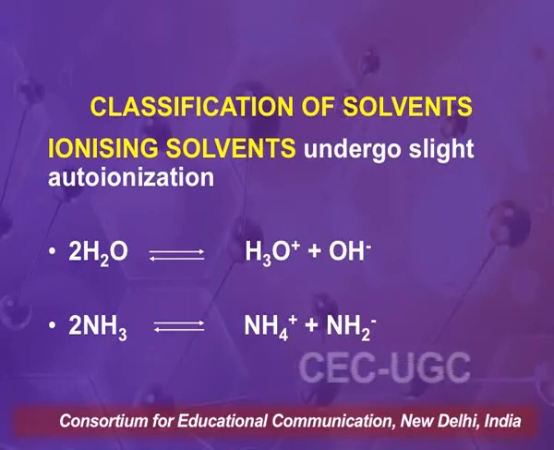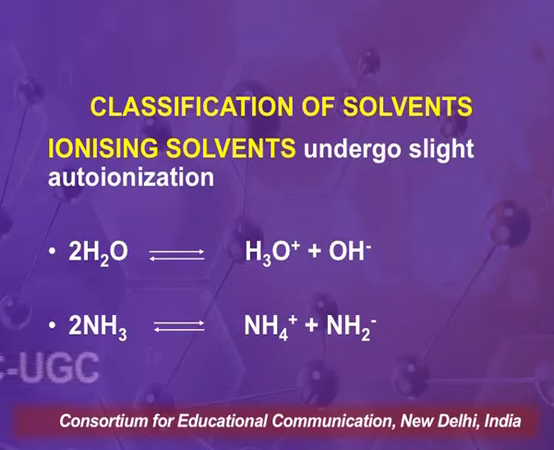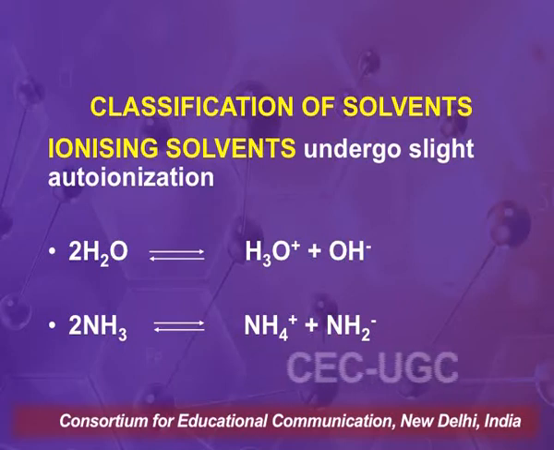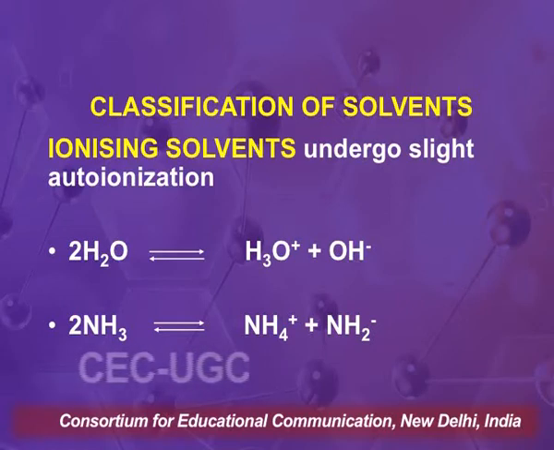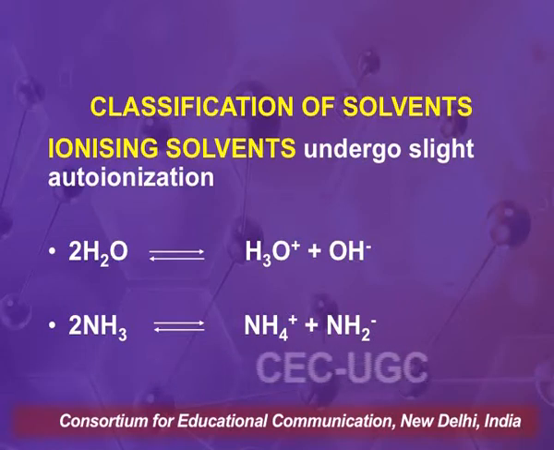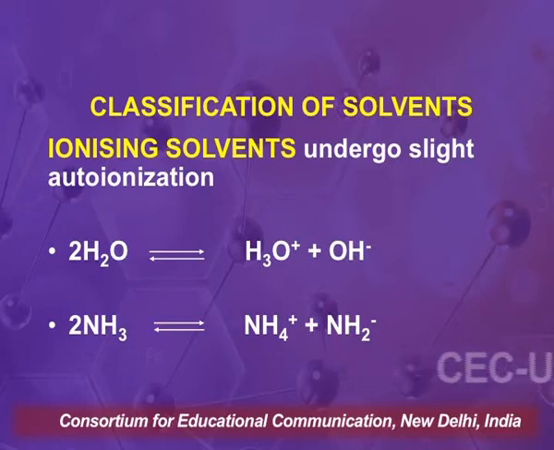So we can say that ionizing solvents undergo slight auto-ionization. Similarly, ammonia also undergoes auto-ionization to produce ammonium ions and amide ions. That means they themselves ionize to give their respective ions, and hence they are behaving as ionizing solvents and offer a medium for ionic reactions because they themselves split up into their respective ions.